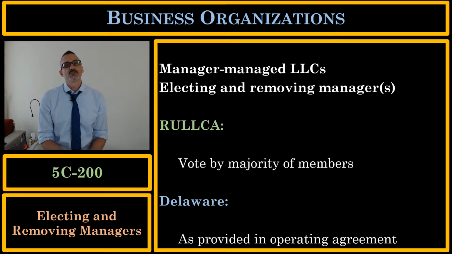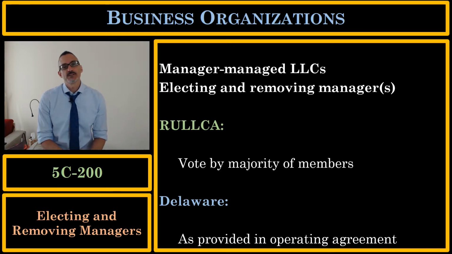Looking at the Revised Uniform Limited Liability Company Act and the Delaware law, we see a couple different approaches. In the Revised Uniform Limited Liability Company Act, managers are elected by a majority vote of the members. And that's pretty much all it says. If you want to have other voting mechanisms, then you can put them in the operating agreement.